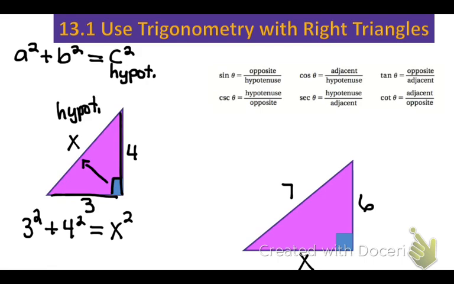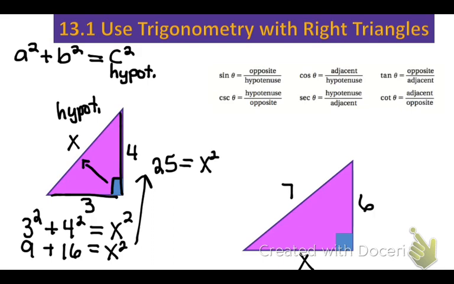So we end up with 9 plus 16 equals x squared. 25 equals x squared. And then when we take the square root of both sides, we find out that x is equal to 5.